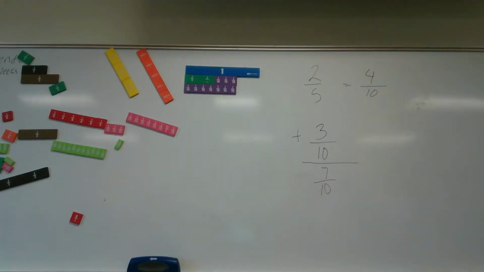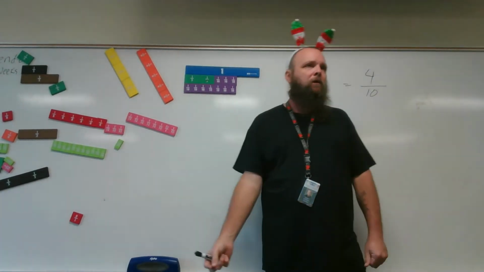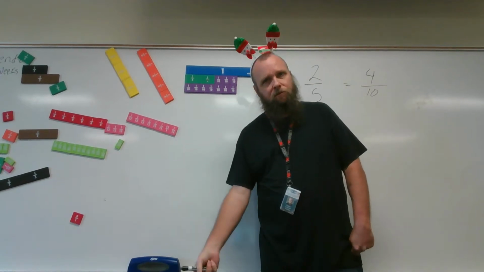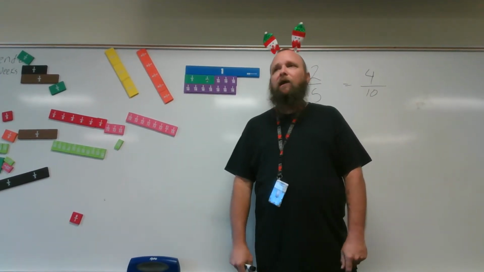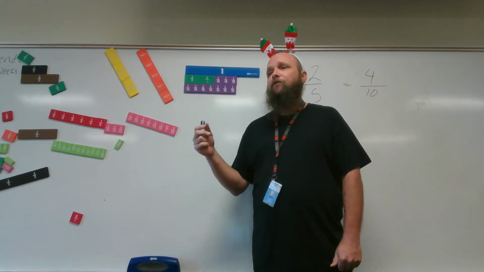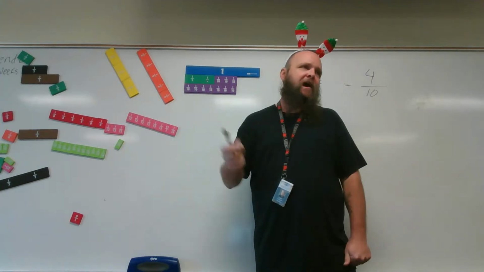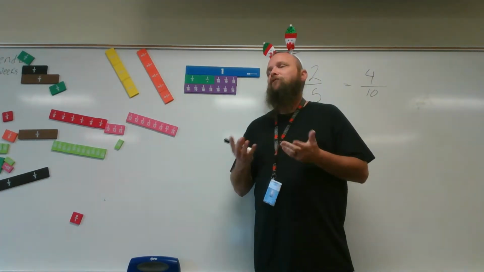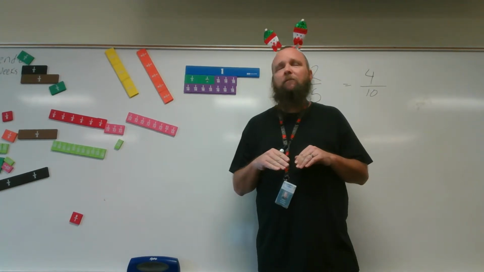Now, when I'm dealing with fractions, I always need to see if they're in simplest form or lowest terms. Simplest form or lowest terms. And what I do for that is I use the greatest common factor, which once again, you have notes in your journal on how to do. The greatest common factor.